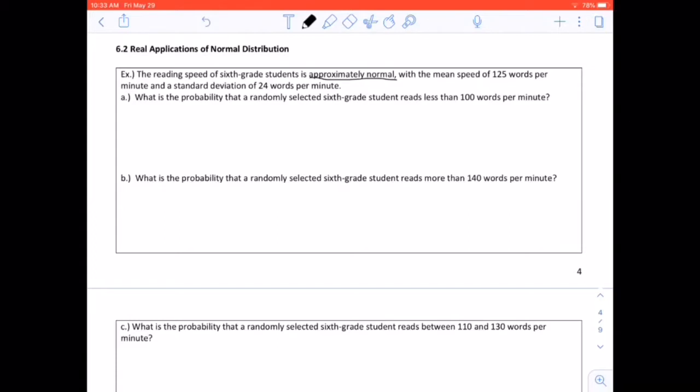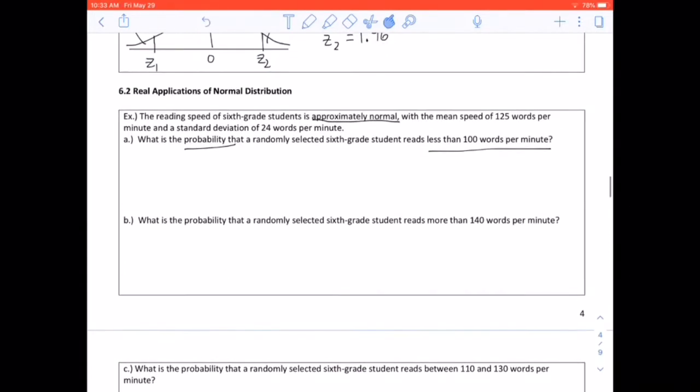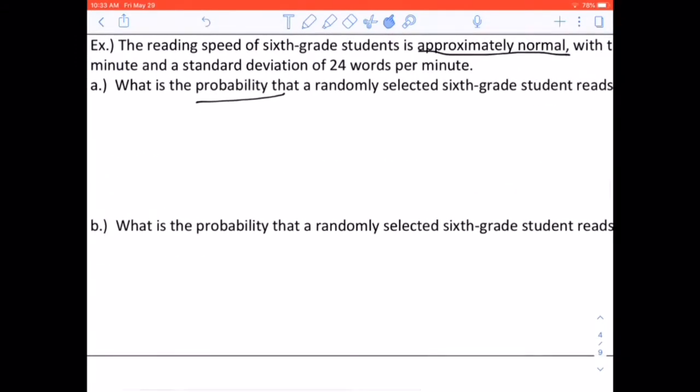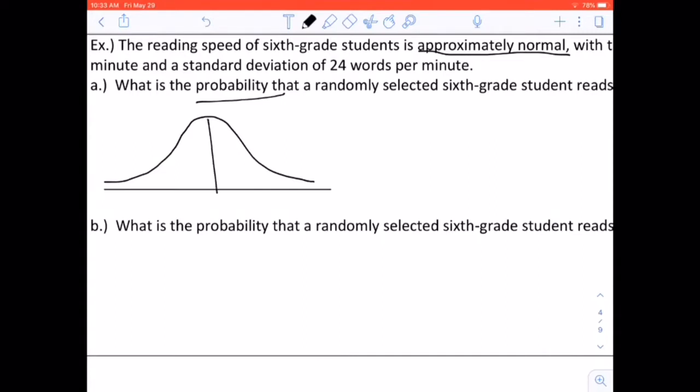Part A says, what is the probability that a randomly selected 6th grade student reads less than 100 words per minute? And again, it's talking about probability, which is talking about the area under that normal curve. So to start this problem off, let's sketch a normal curve. Our normal curve is going to have a mean of 125, so we're going to put 125 in the middle.